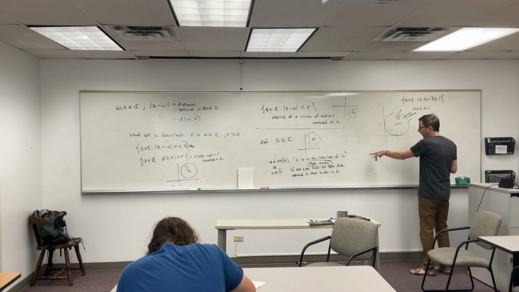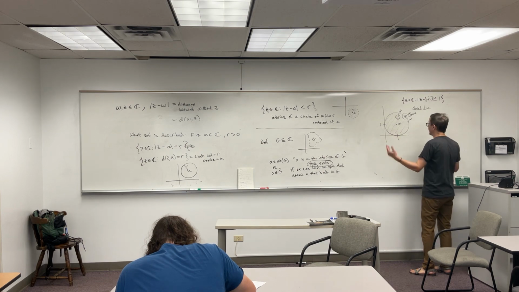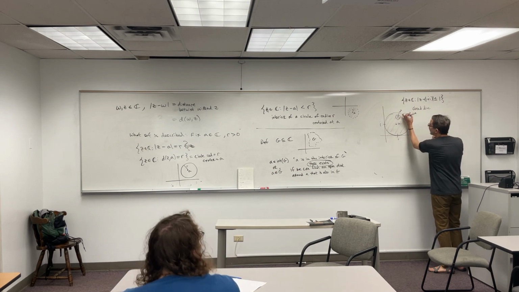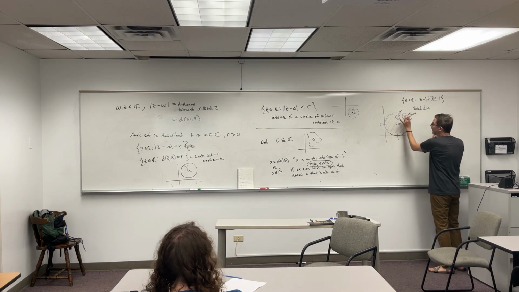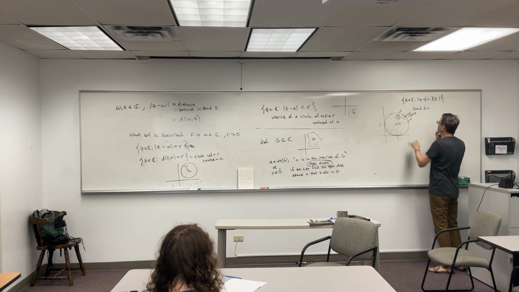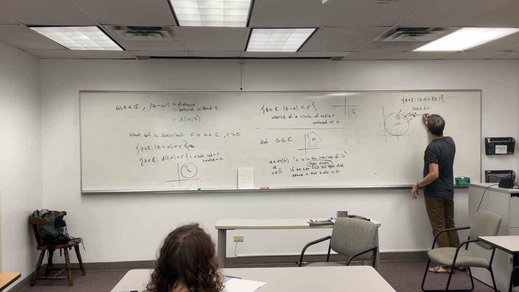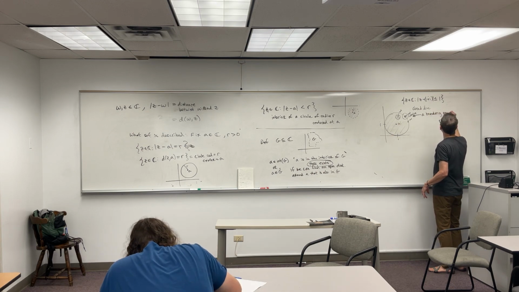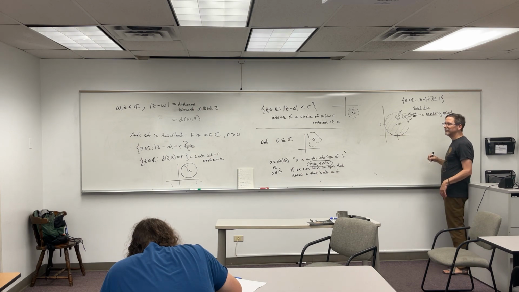So a boundary point, every disk around that point touches inside and outside. So this is a boundary point. See, if the book said touches inside and outside, I totally would have understood the first time. I mean, I've got to get paid for something.